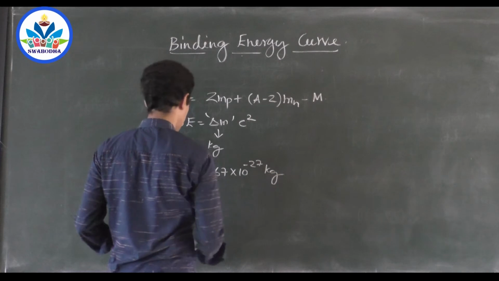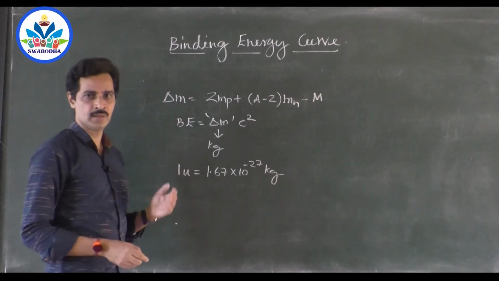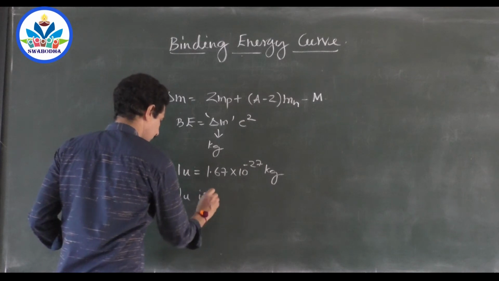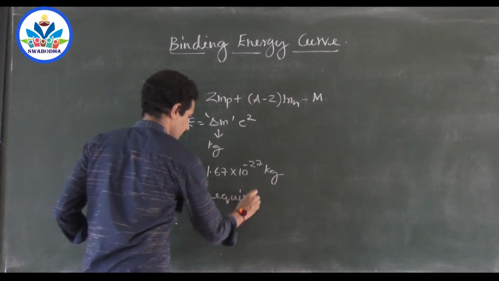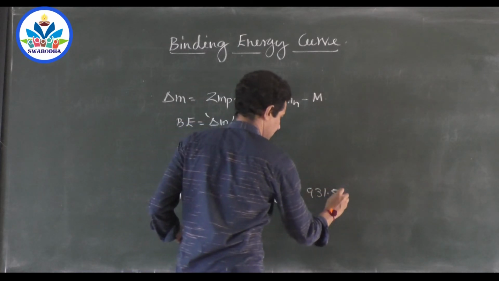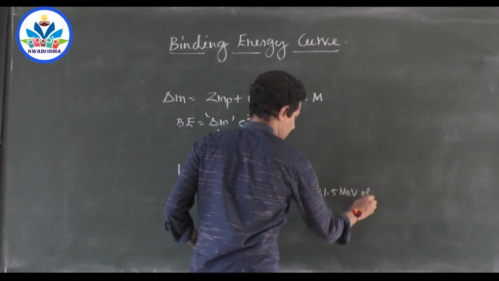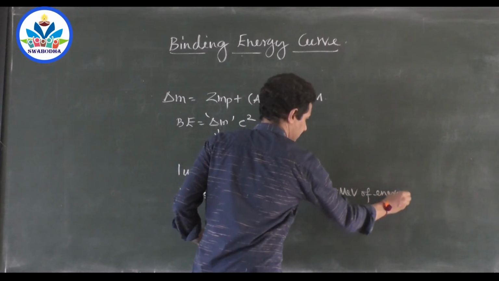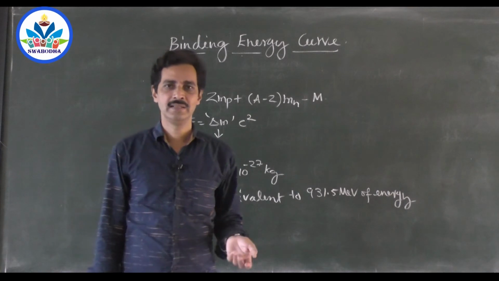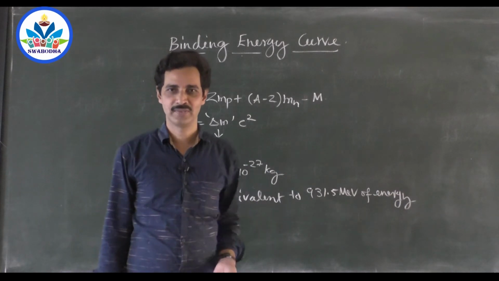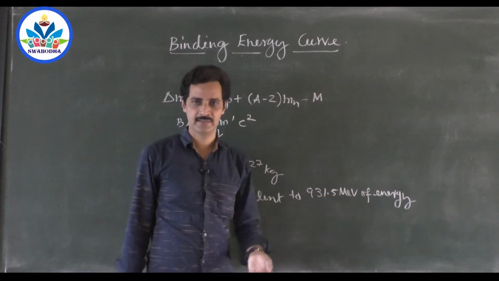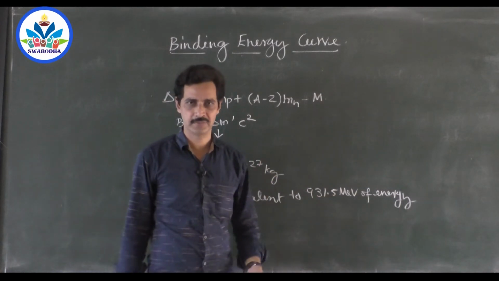This is the mass of 1 u in kg, and it is equivalent to 931.5 million electron volt of energy, in MeV if you want to write. So 1 atomic mass unit yields 931.5 MeV of energy. Suppose you lose 10 u, then it is 10 times this much. So direct multiplication is possible.